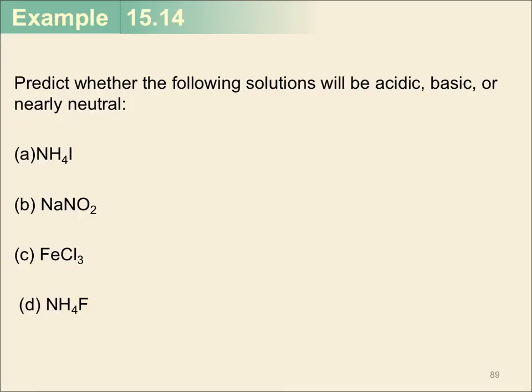Okay. So let's predict whether the solutions will be acidic, basic, or nearly neutral. So ammonium iodide. That is a strong acid, weak base. So the NH4 plus is going to be a stronger conjugate acid.